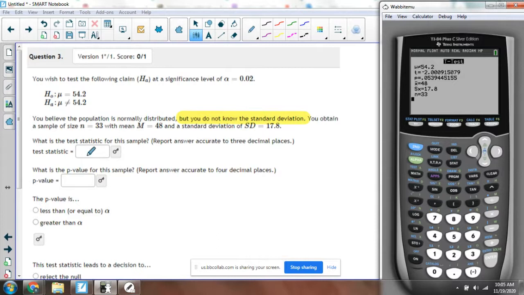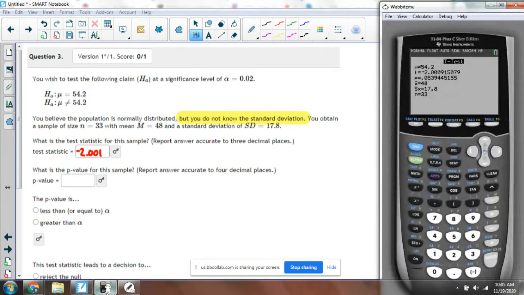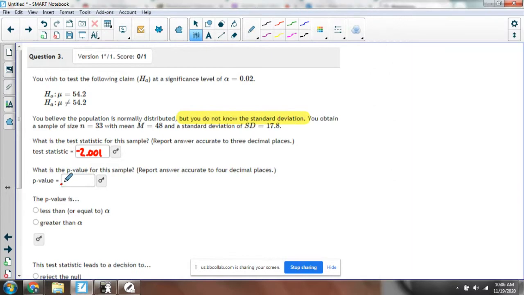Here our test statistic is going to be negative 2.001. The p-value is 0.0539. Our alpha here is 0.02.